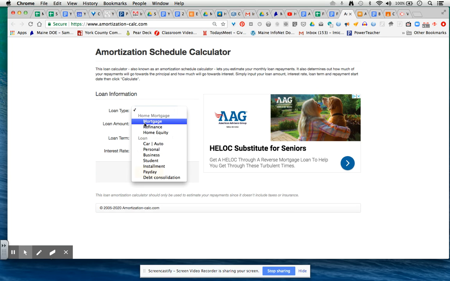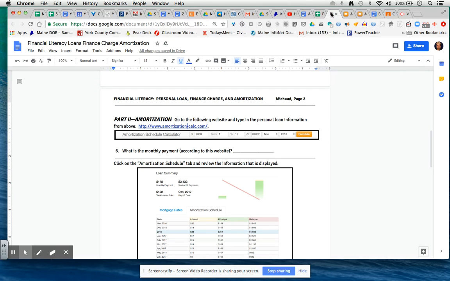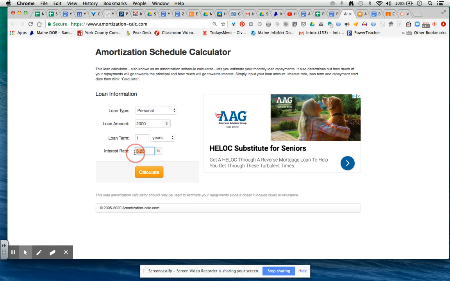Loan type, we can just say it's personal. I'm going to type in 2,000, 1 year. And what did we say the percent was? 12%, which is high, by the way. So I'm going to type in those on this website and hit calculate.